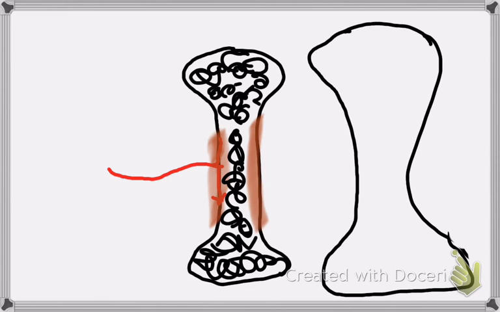Okay? What happens to our blood supply? It continues to grow, not just up and around, but also within. And when it gets to the inside, it accelerates the death of the cartilage in there.